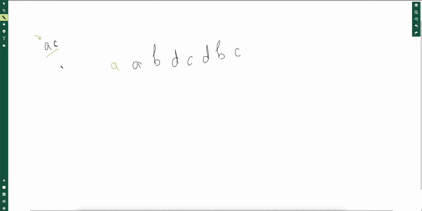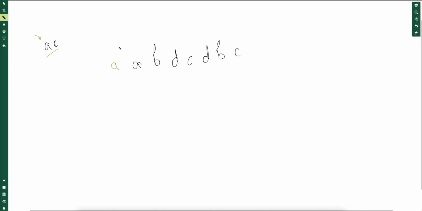Just for simplicity, let's assume that we have decided to put A in the front of the string. Now let's try to find out how many times this pattern appears in the string. If we take this character and this character, it's one time the pattern occurs. Now if we take this character and this character, two times we have seen the pattern.